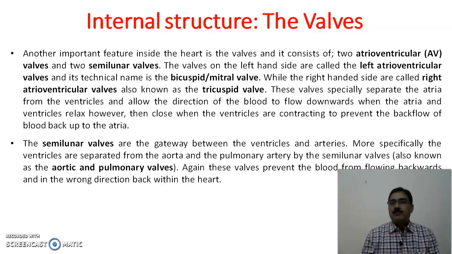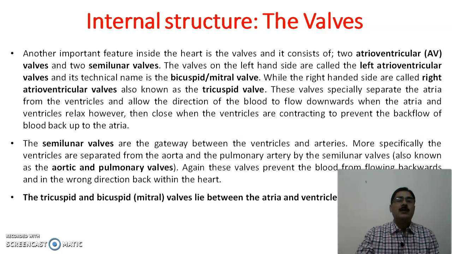The right ventricle pumps the blood to the pulmonary artery, and so there is a pulmonary valve, and from the left ventricle to the aorta there is the aortic valve, which prevents the backflow of the blood from the aorta to the left ventricle.